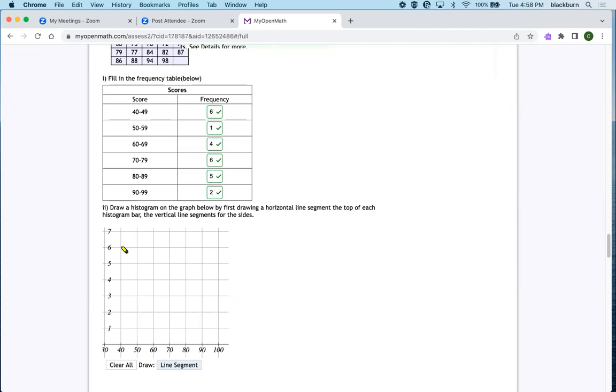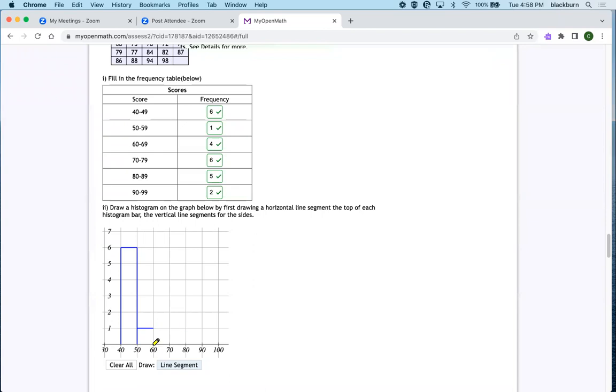I'm going to draw a horizontal line at 6, and then draw a vertical line up from 40 to make the left side of that bar. You could just go ahead and draw that right now. So there you go, there's our first bar. The second bar has a frequency of 1.